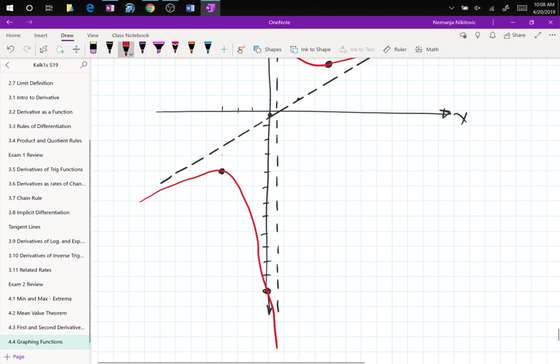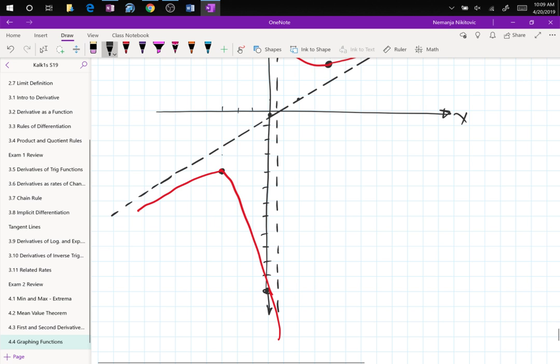It's terrible, but it has to follow the asymptote. Woohoo! Let's see.